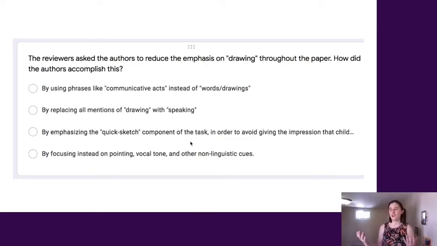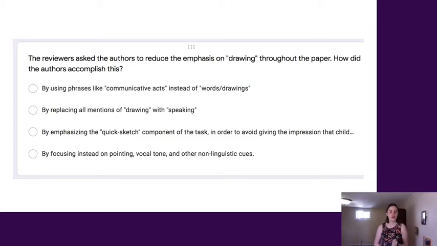Now, in order to assess students' ability to process these reviews, I actually do what I call structured responses. They're just Google surveys. When students do homework, whenever they read a paper, or in this case, they read reviewers' comments and my marked up response to reviewers, my track changes responses, they complete a survey that allows me to assess whether they got what I wanted out of it.